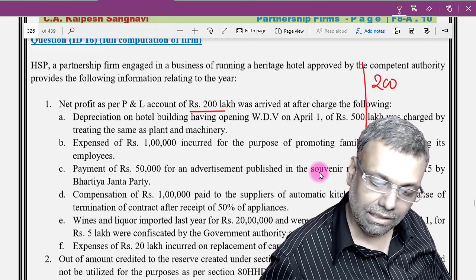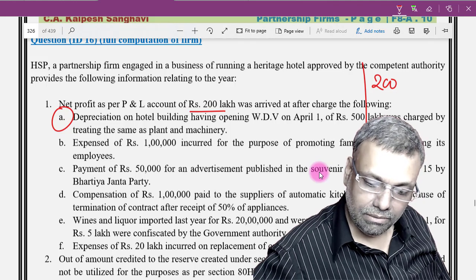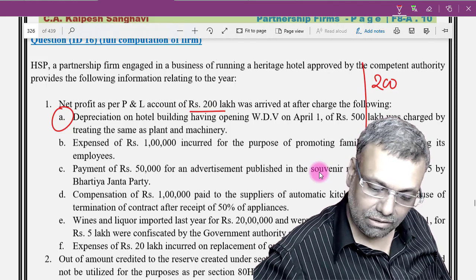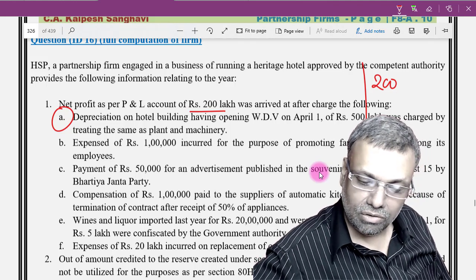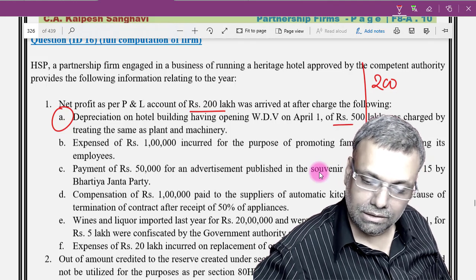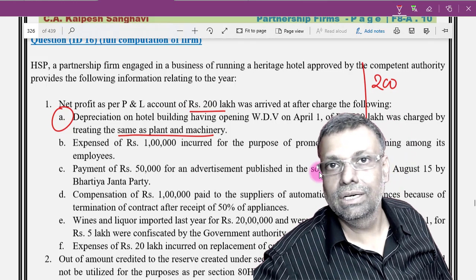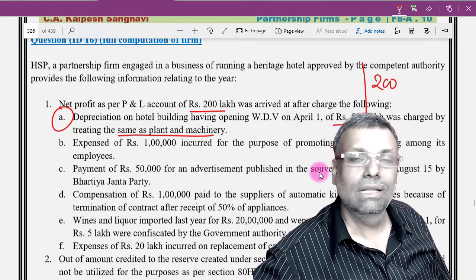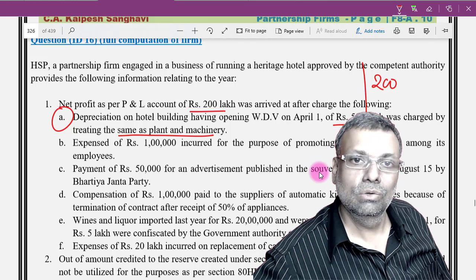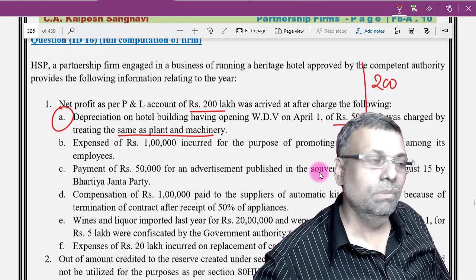To this I will do all the adjustments. Point number A. Net profit arrived at after charging the following. Depreciation on hotel building, 500 lakhs, was charged, treating the same as plant and machinery. So you treated the building as plant and machinery. Now that is not permitted. Plant and machinery is 15%, building is 10%.